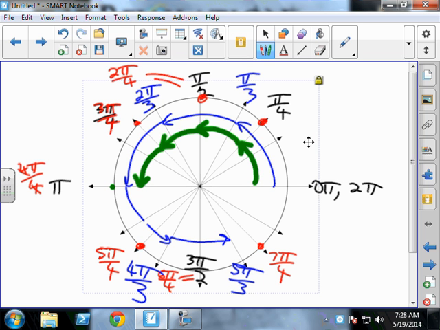Finally then, moving on to the 30-degree reference angle, that's going to be pi over 3. So we got pi over 3, 2 pi over 3. Oh, no, it's not pi over 3, it's pi over 6. Then we've got 2 pi over 6, which is really pi over 3.